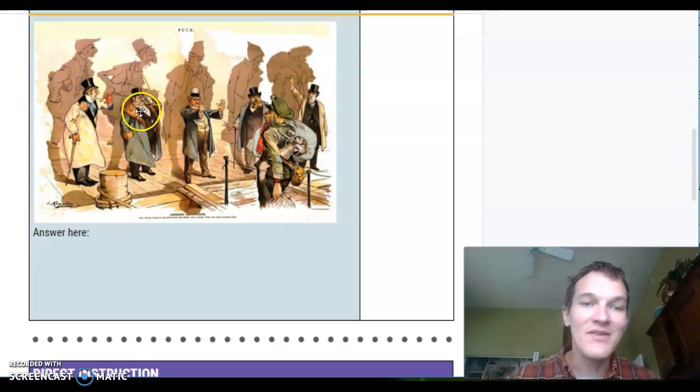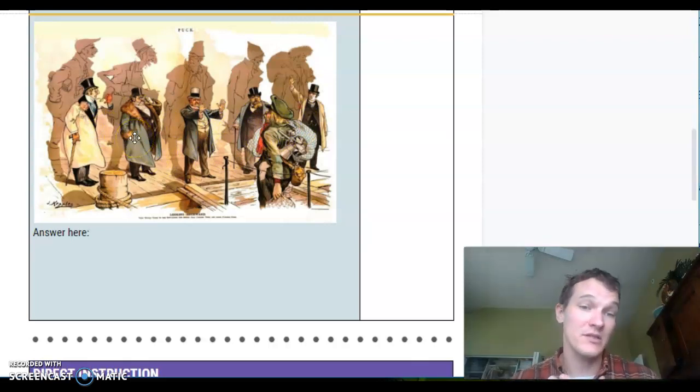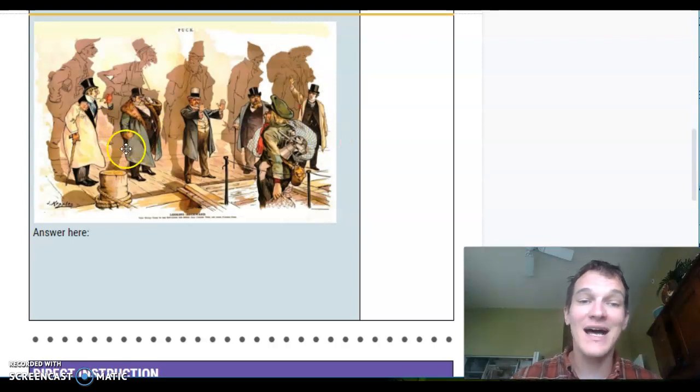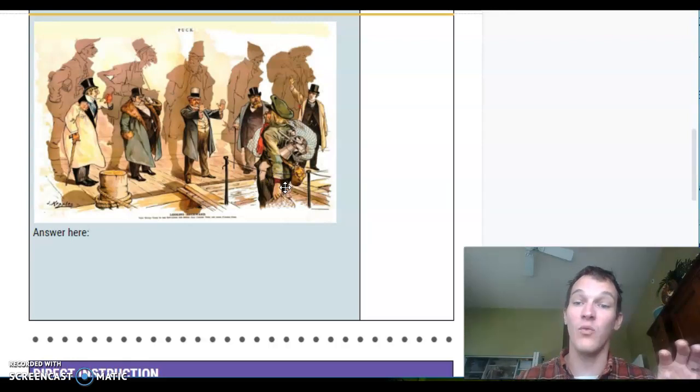Now, even though we see this guy here, just keep in mind, most of the time the robber barons loved immigrants because they're cheap labor, right? But you had lots of other people who were against immigrants, who were saying immigrants were going to make the country worse. Keep in mind, a lot of these immigrants were from Southern and Eastern Europe. All right, so most of the whites in the United States in the beginning came from Northern and Central Europe.